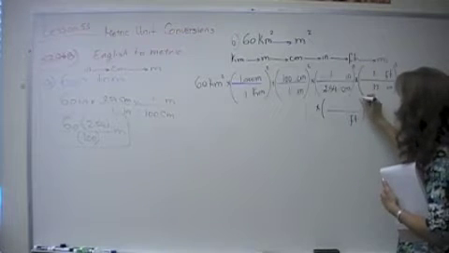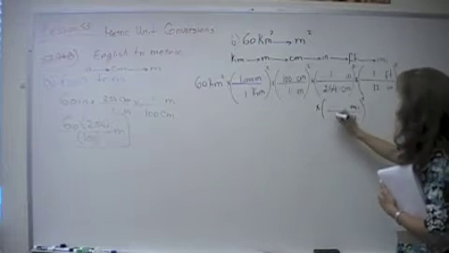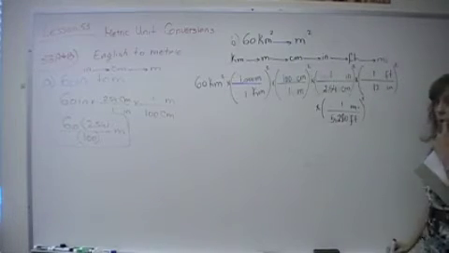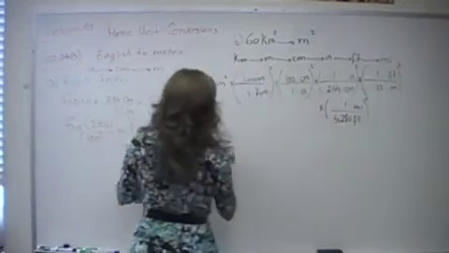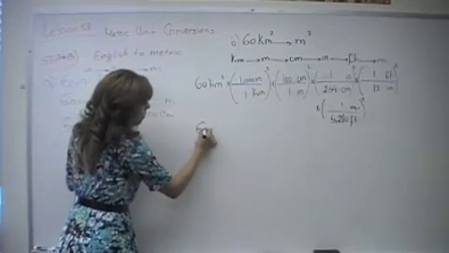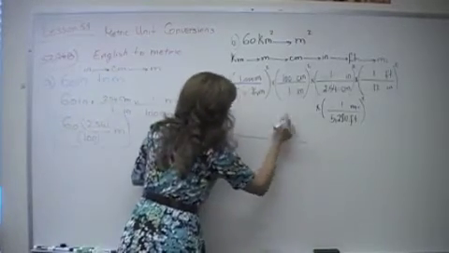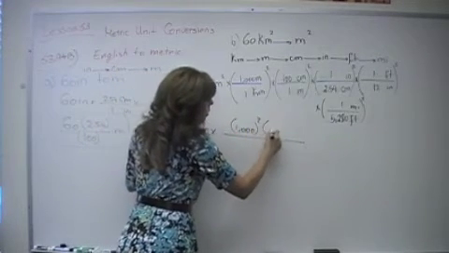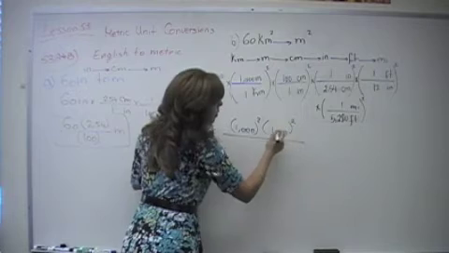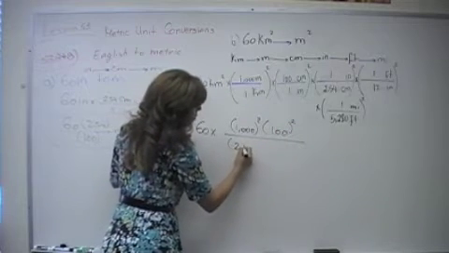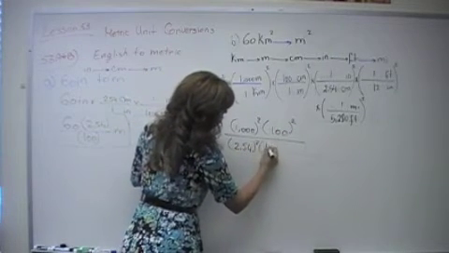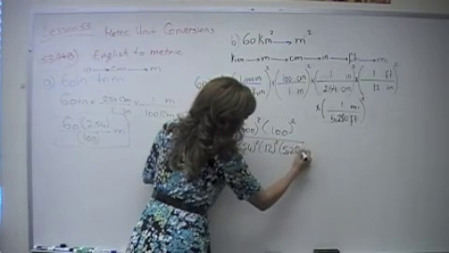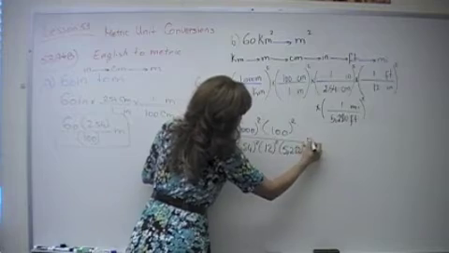How many feet in 1 mile? 5,280. 5,280 equals 1 mile. So my final answer would be like this. 60 times everything in the numerator, I'm going to put it up. 1,000 squared, 100 squared, over 2.54 squared, 12 squared, 5,280 squared, and my answer is going to be in miles squared.